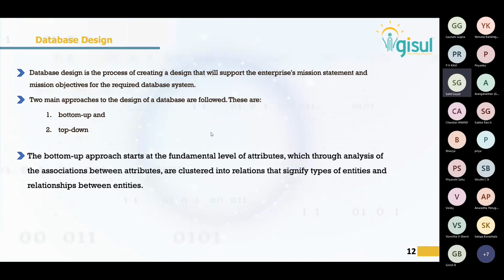But yes, as I mentioned, the bottom-up approach starts with the fundamental level of attributes, with thorough analysis of the associations between attributes, which are clustered into relationships that signify types of entities and the relationships between entities which we have. So as I said, all the underlying sources, how they are linked to each other, and whatever different types of entities we have, are all going to be described with the help of this bottom-up approach.